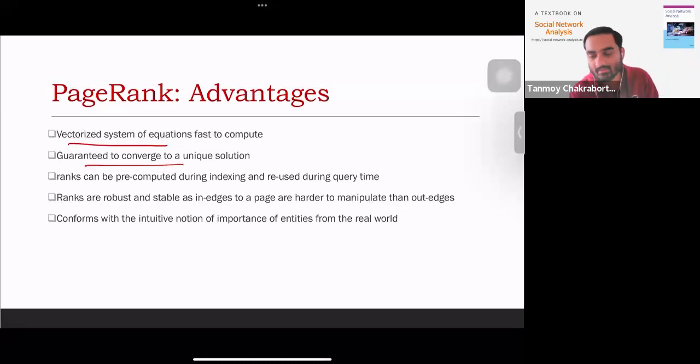Now, the PageRank algorithm that we discussed is computed on a static graph. So given a static graph, you can run PageRank beforehand and store the PageRank values of all the nodes. You do not need to run the PageRank algorithm again and again.